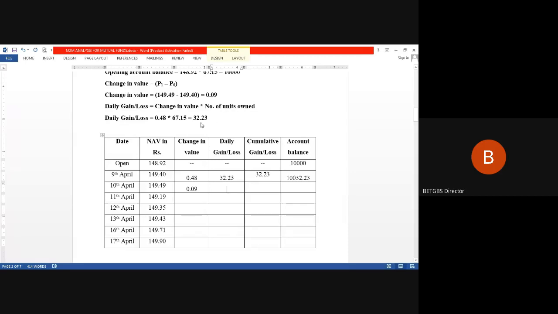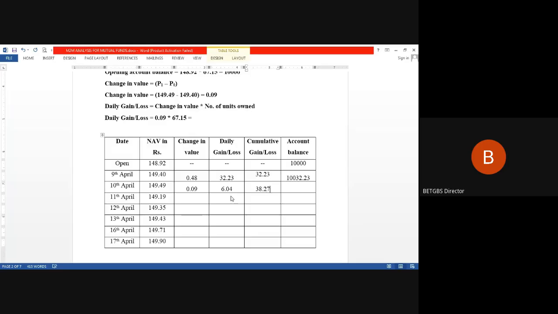Again multiply the same number of units, 67.15, and it is 6.04.